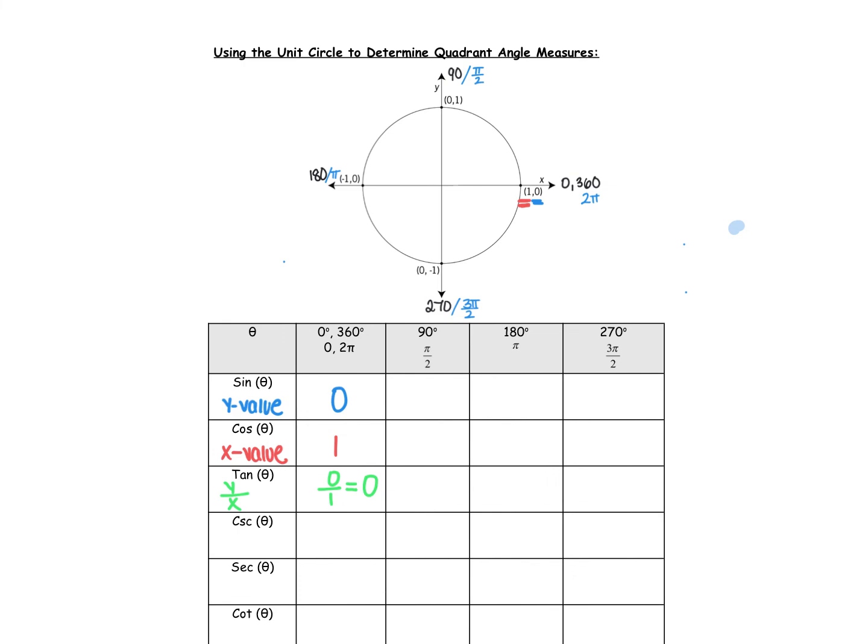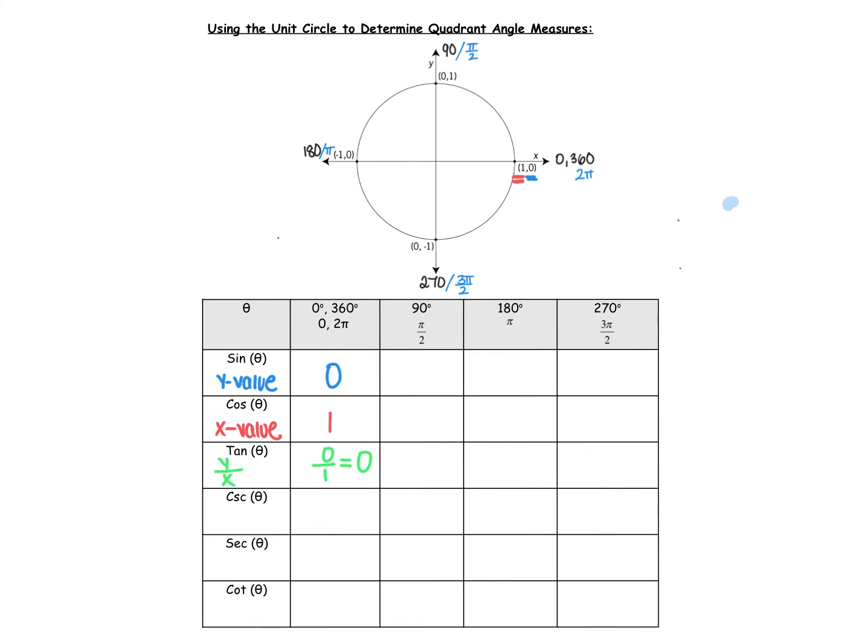Okay, so now the next are the reciprocal pairs. Cosecant of theta. We know that cosecant is the reciprocal of sine, right? These two are reciprocals. So if sine is the y value, cosecant is 1 over the y value. If the y value is 0, it's 1 over 0.